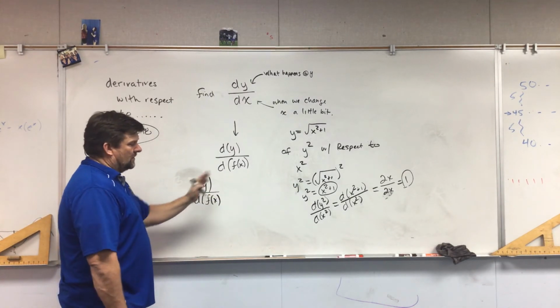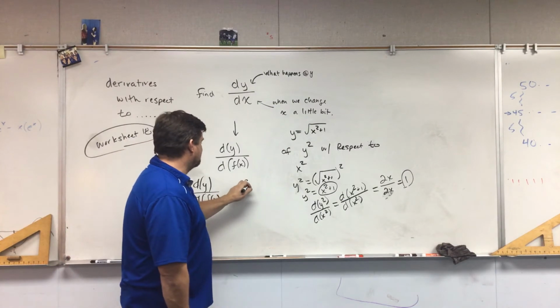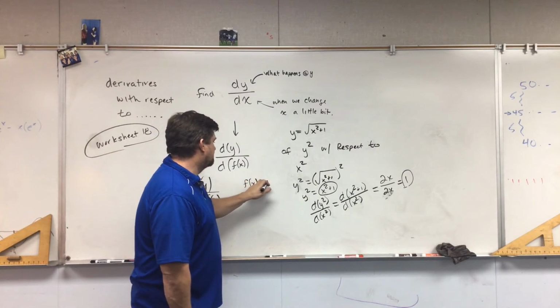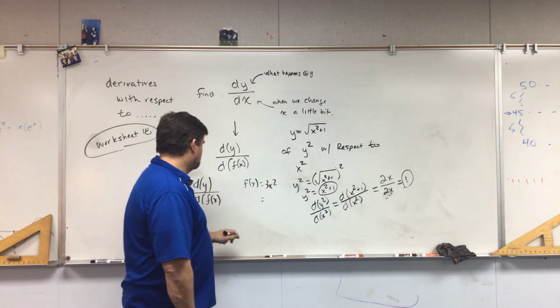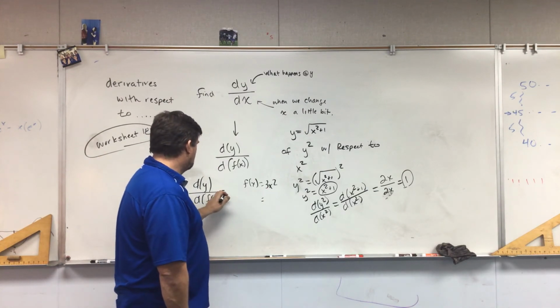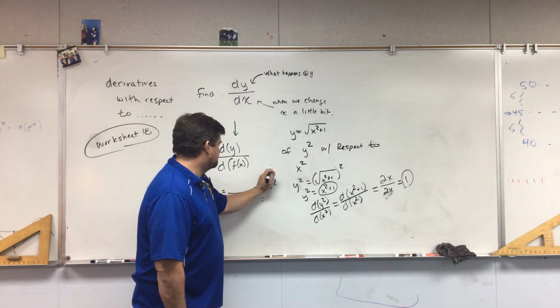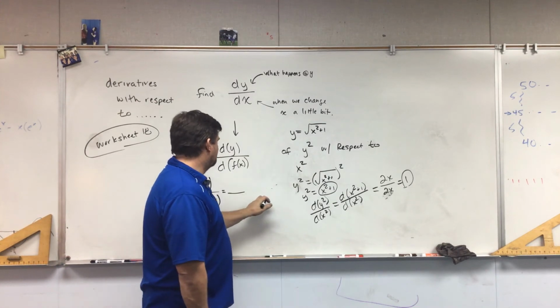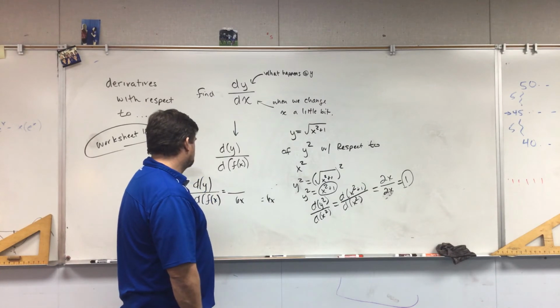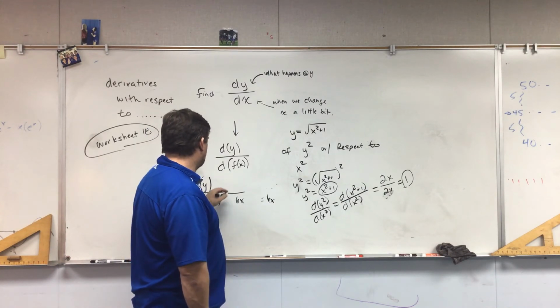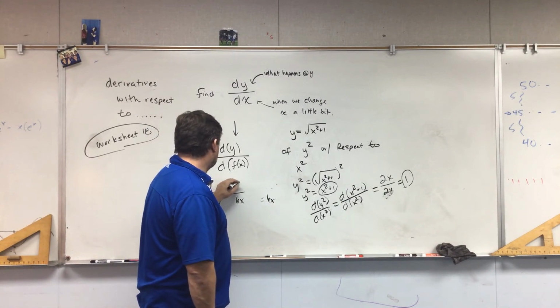That's what I did earlier, because if f of x was 3x squared, the derivative is 6x, so that would be 6x over the derivative of y, dy dx.